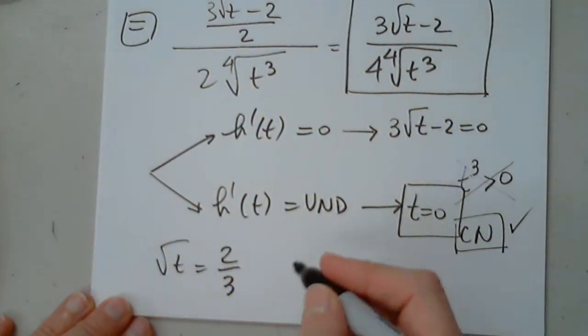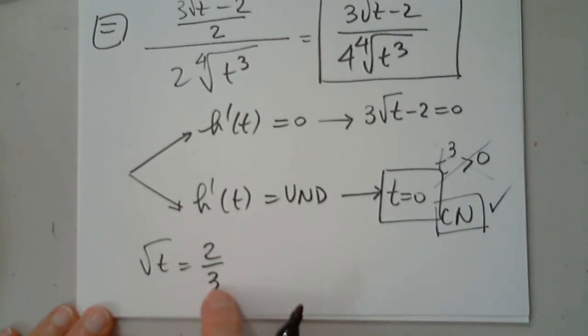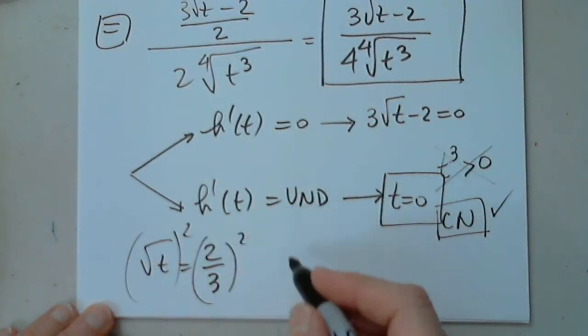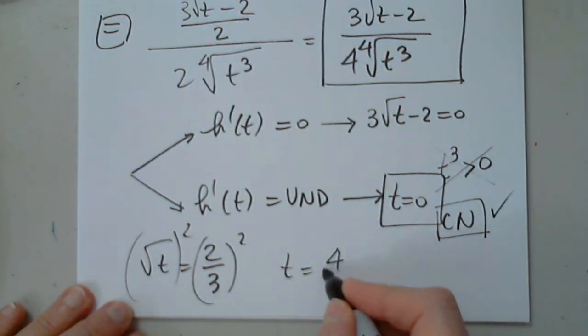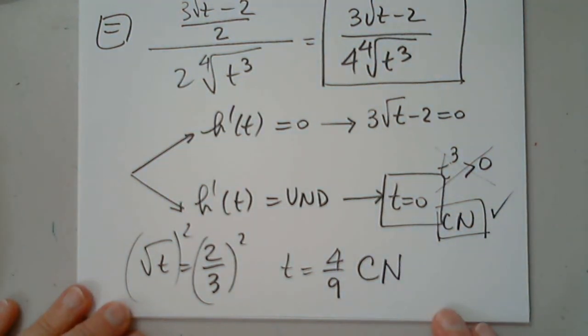How do I solve this for t? What operator do I have to apply to both sides? Square both sides. Yes. So then t equals 4/9. This is another critical number coming from this source.